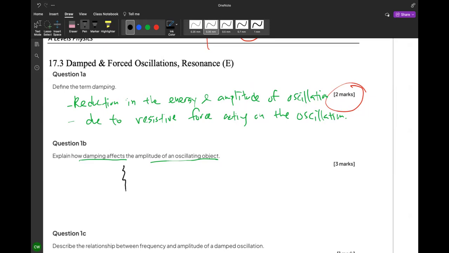So first you talk about when the mass hanging with the spring moves down, the resistive force is up. When it is moving up, then the resistive force will be moving down. So it's always in the opposite direction. That means the resistive force, such as friction or air resistance, opposes the motion.